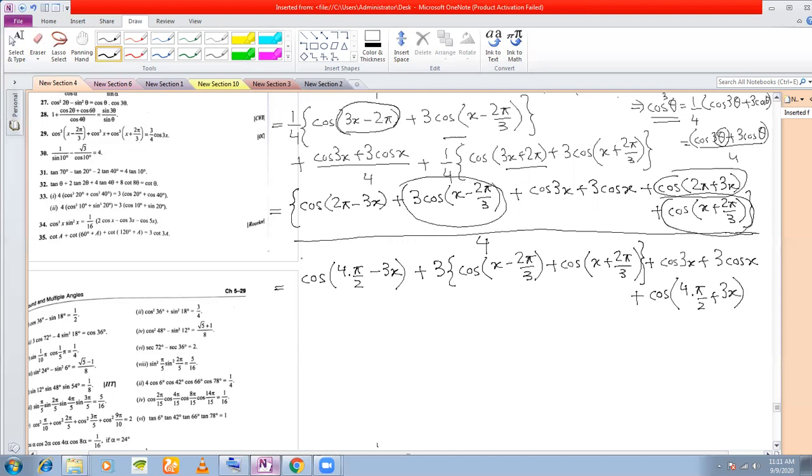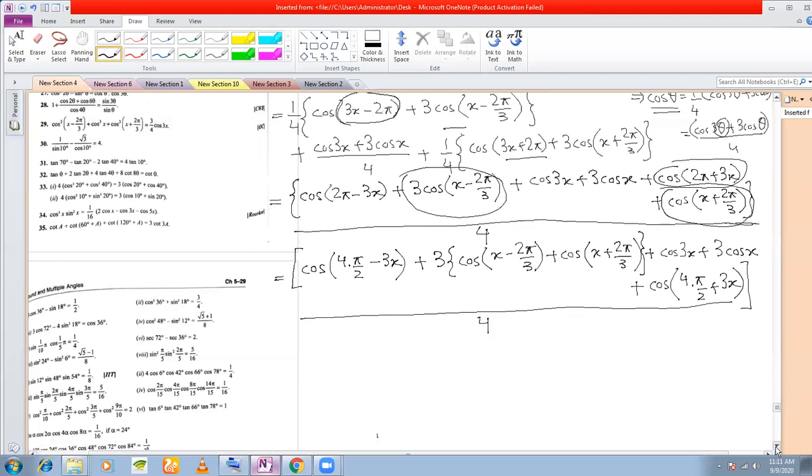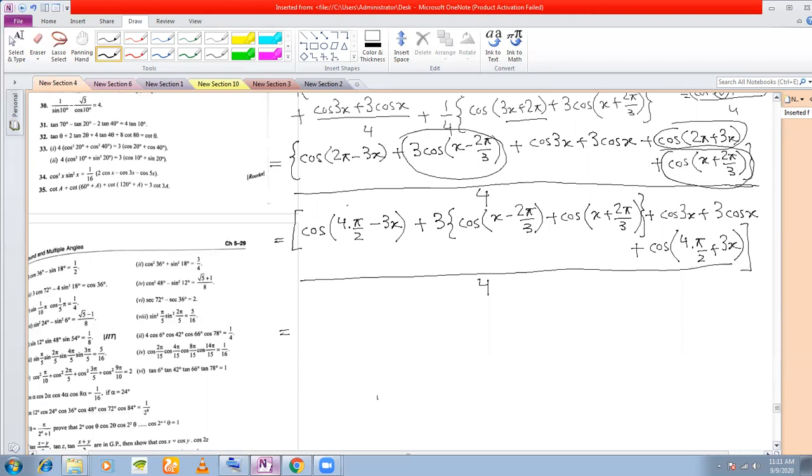All this divided by 4. So what happens here? 4 into pi by 2 is an even multiple of pi by 2, so cos remains cos. And this angle is in the fourth quadrant, in which cos is positive. So this simply remains cos 3x.